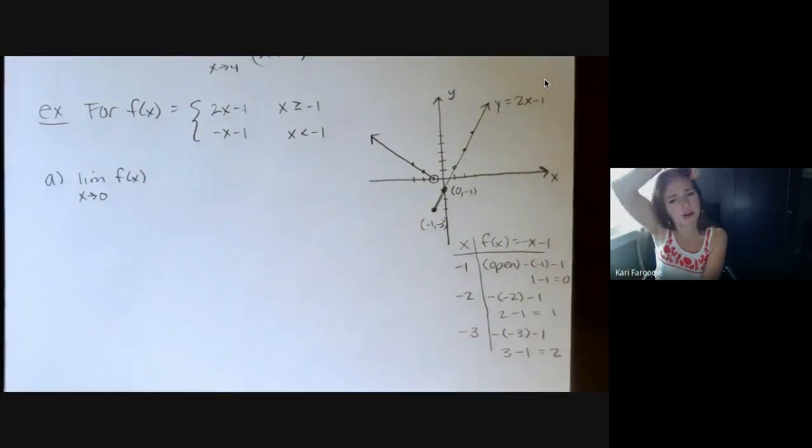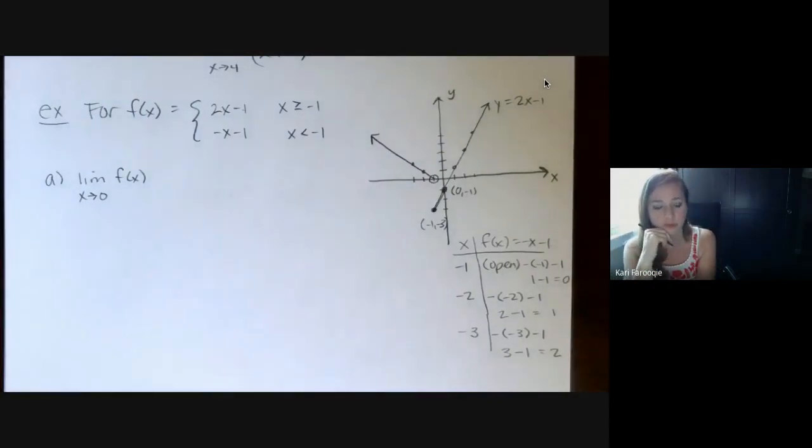Does anyone have a question about the piecewise function's graph? I hope we're feeling more comfortable with these. All right, actually we have two ways of doing this.